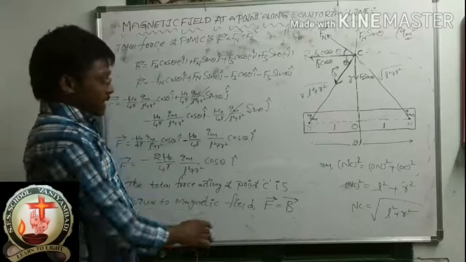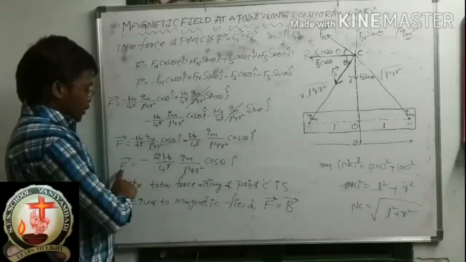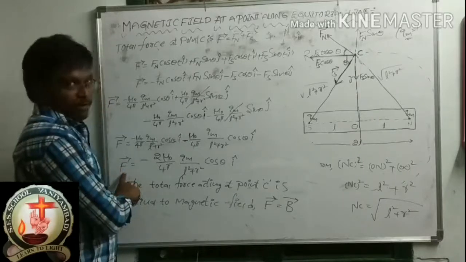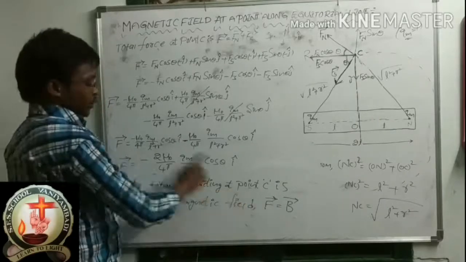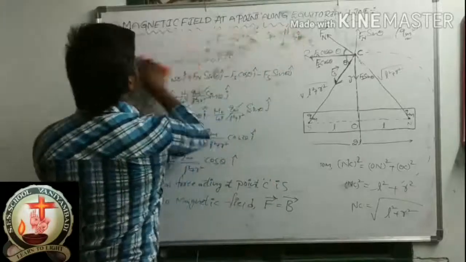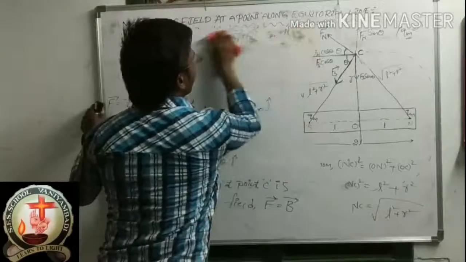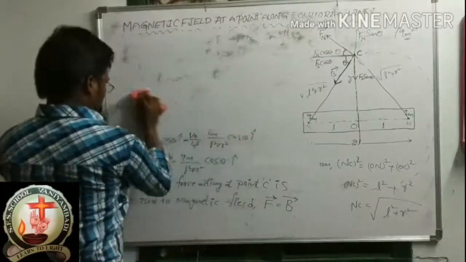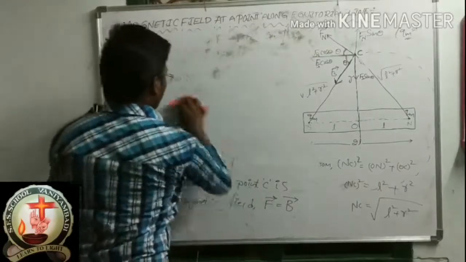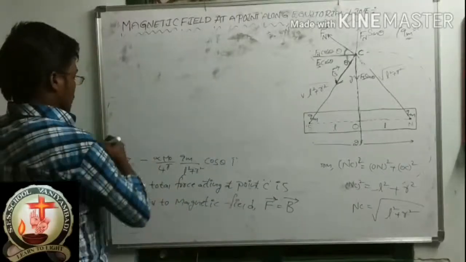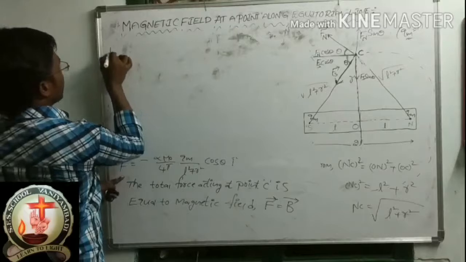Okay. So F is equal to B, means instead of this F, can I substitute B, right? Instead of this F value, am I able to substitute B? So I am substituting. Please see, now in the place of F I am writing B bar.